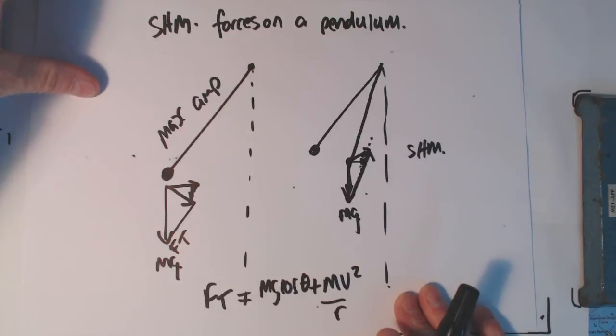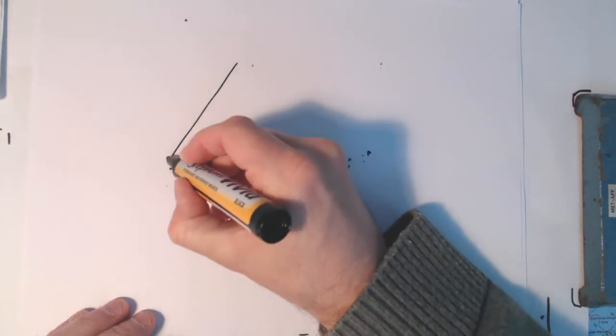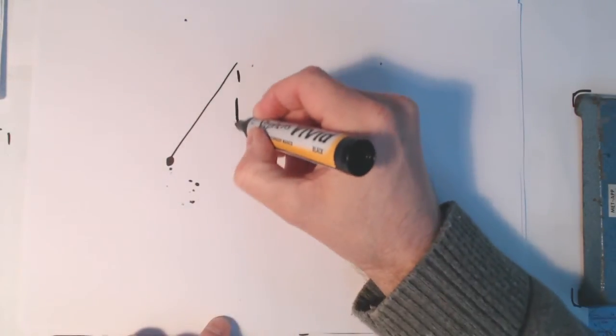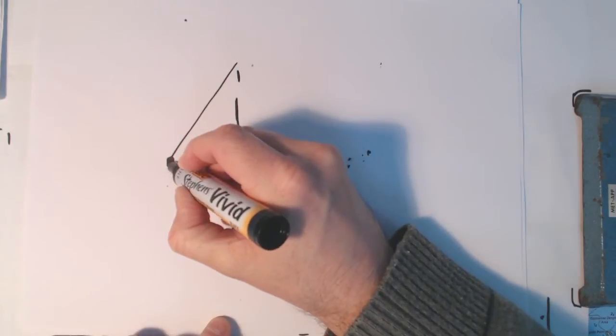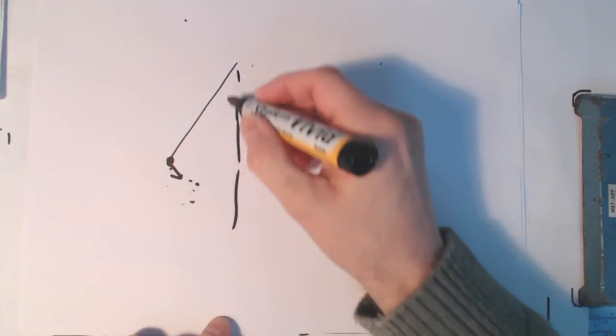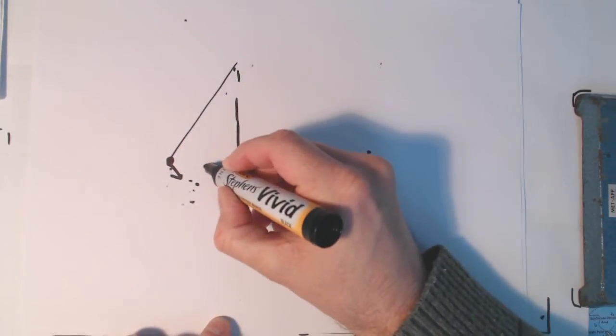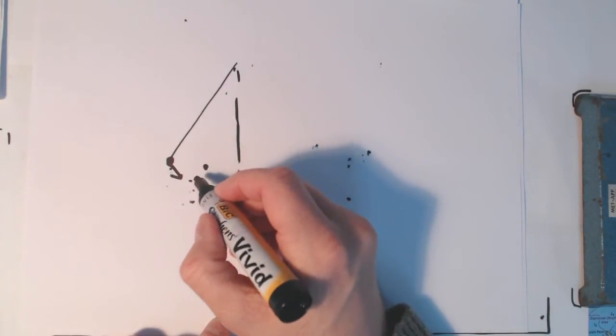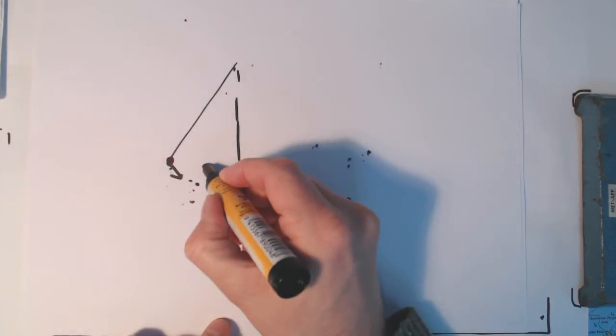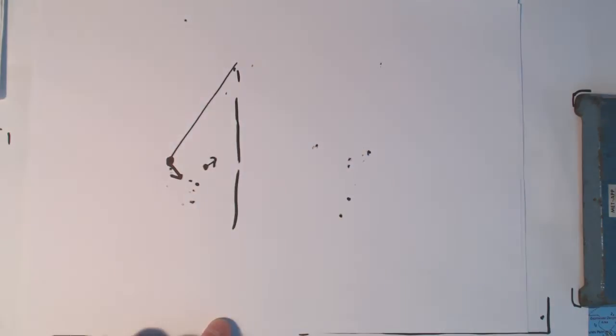So if we look at the forces as a pendulum swings, the net force, let's forget about the mg, let's forget about the tension force. Let's just think about the forces. At this point we said at its maximum amplitude it was pointing down. We just saw that around about the middle the net force now is smaller and up.